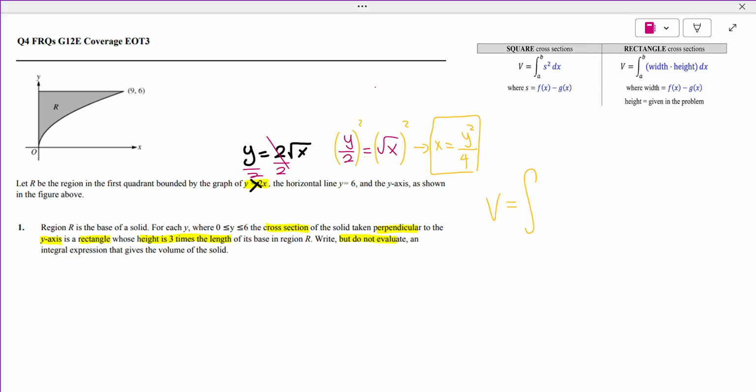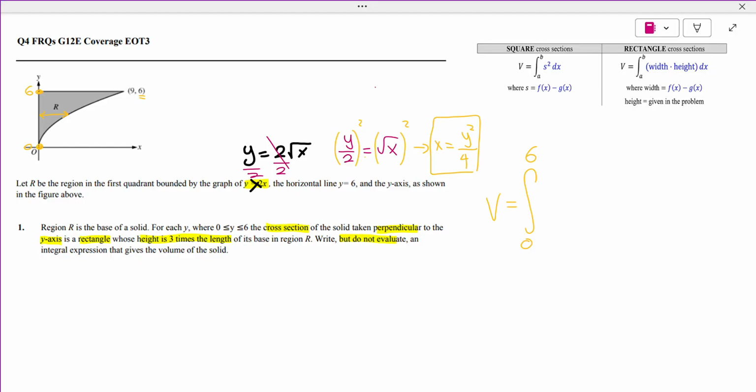Now look at the graph. We will go from 0 all the way to this number, which is here. This is 6. So it's the integral from 0 to 6 of width times height, or length times height. Now the length, which is perpendicular to the y-axis, would be the function itself, but in terms of y.